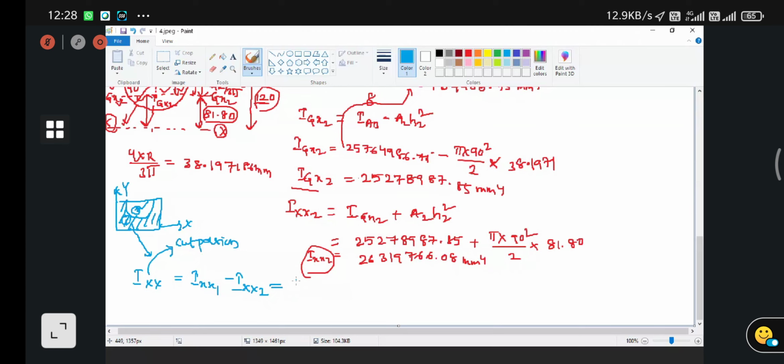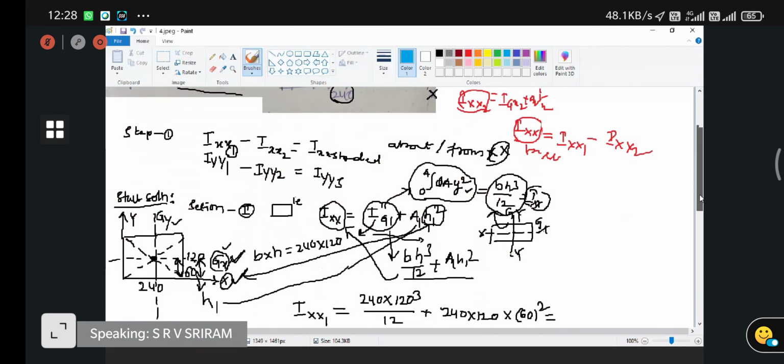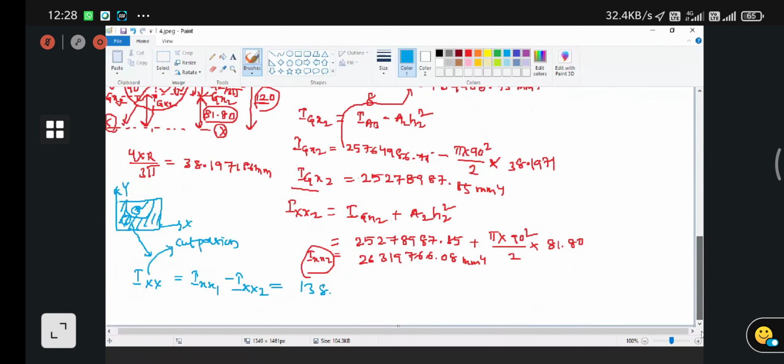Okay, Ixx1 is how much? 138.24 into 10 power 6 is my first value.